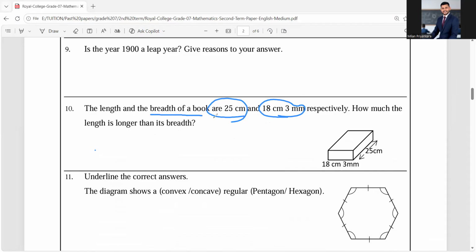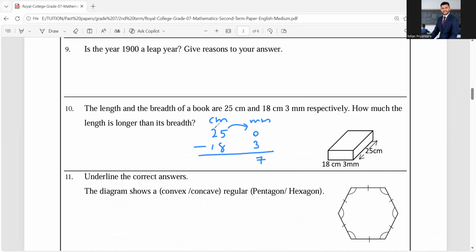Okay, let's do it. You have centimeters, millimeters: 25, 0, minus 18, 3. It's very simple. You subtract, you take 1 from here, so it's 10, and 10 minus 3 is 7.